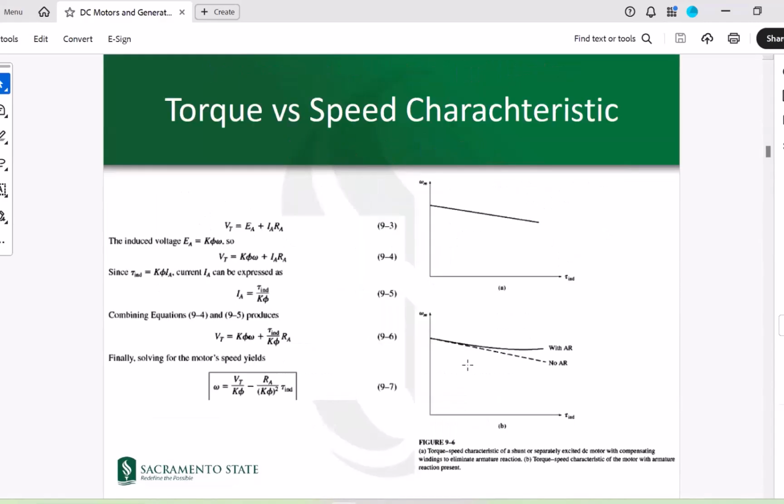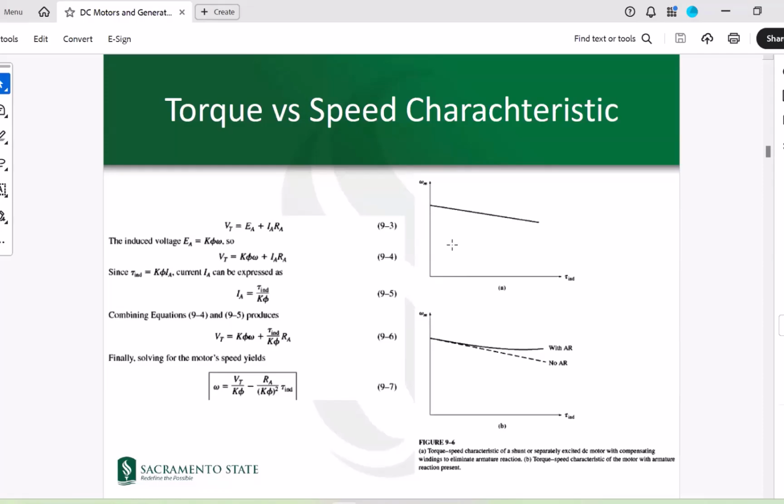Now, in most circumstances, we'll want to look into the torque versus speed characteristic of a DC machine, which means that we want to see if we increase the induced torque that is coming out of the machine and compare and plot it versus the omega, the rotor's rotational speed, how it is going to vary.